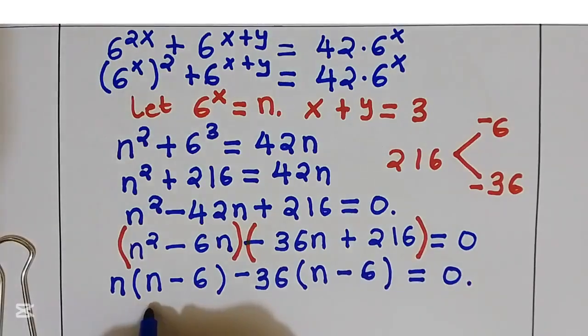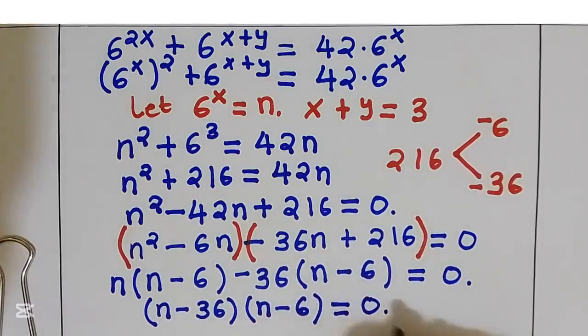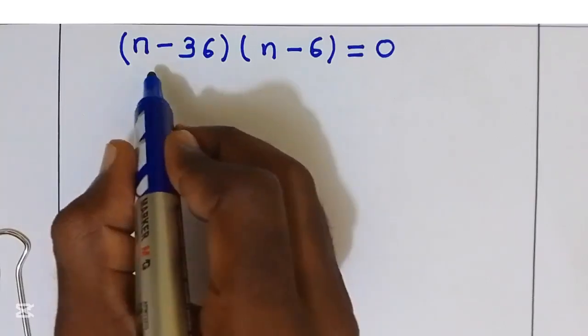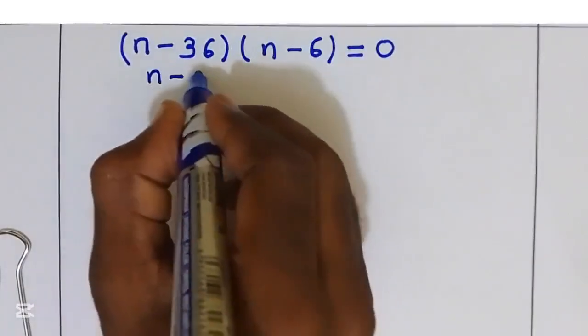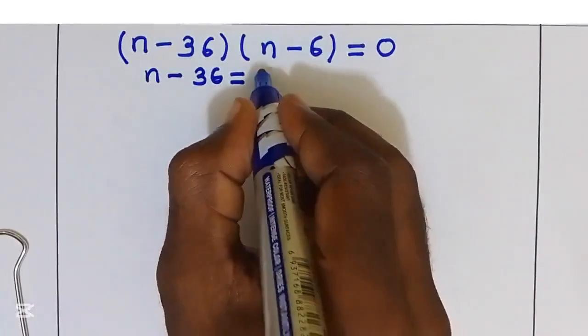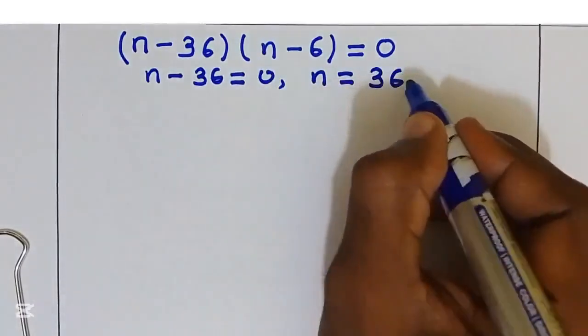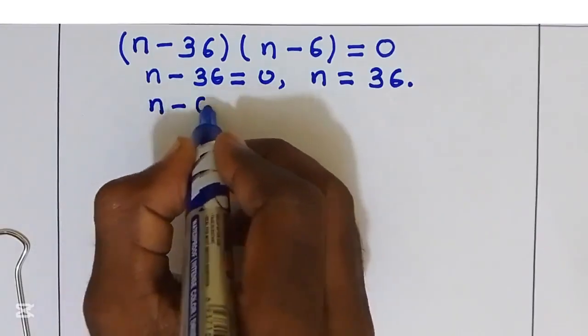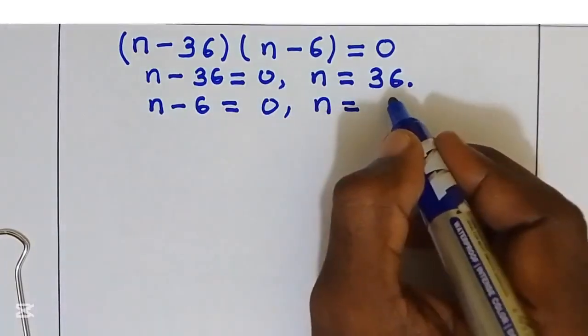Now here we have n minus 36 and n minus 6, this is equal to 0. Now I'm going to equate each factor equal to 0. n minus 36 is equal to 0, that is, n is equal to 36. And n minus 6 is equal to 0, I'll get n is equal to 6.